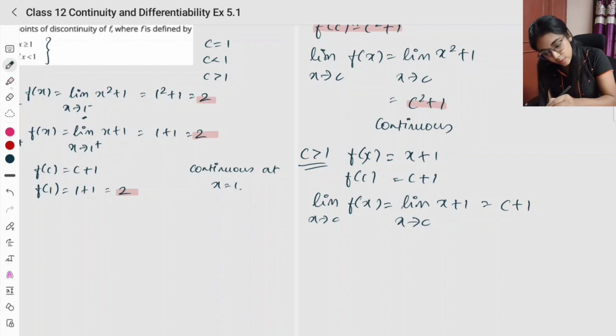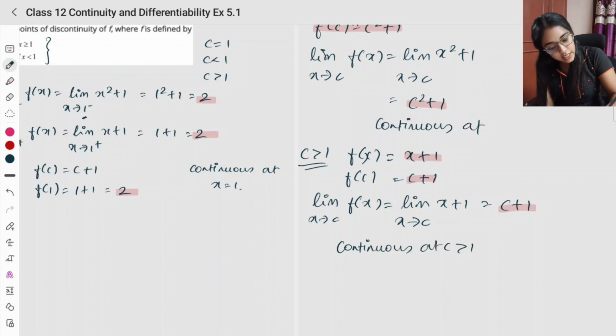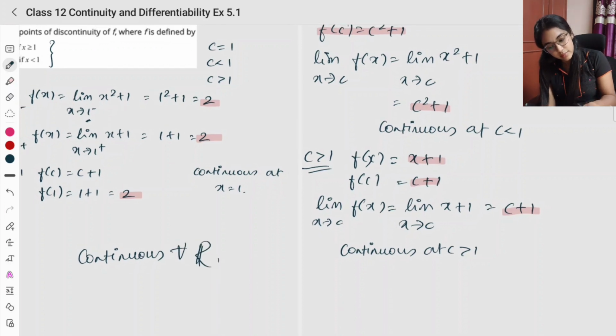What do I see here? Here it is c plus 1 and here also it is c plus 1. So, it is continuous for c greater than 1, and continuous for c less than 1. So, the given function is continuous everywhere. Continuous for all real numbers. Okay. Please take a screenshot.